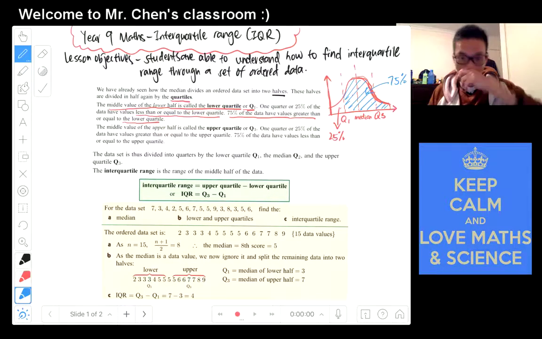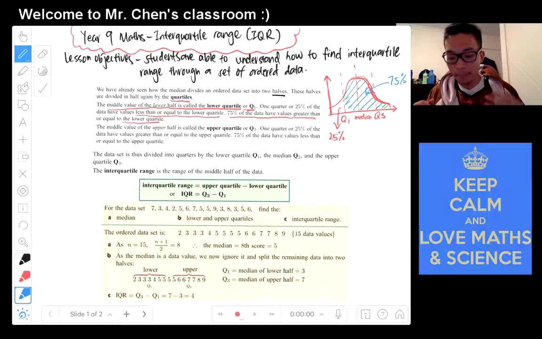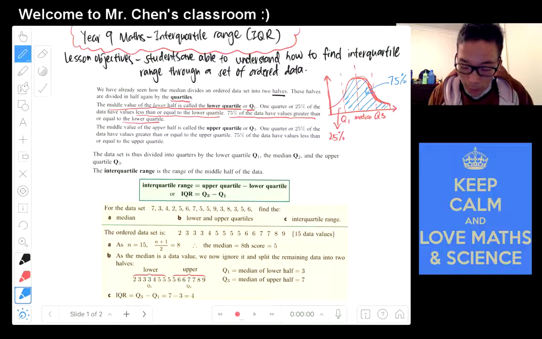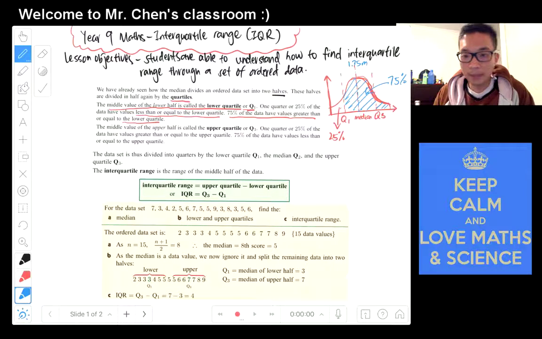So for example, if you are taking a survey of all the heights of year 9 students, once you have ordered your data from the shortest to the tallest person, you will see this trend: in the middle, most people on average are, let's say, 1.75 meters. That's the average height.